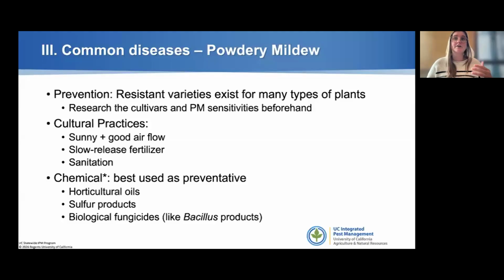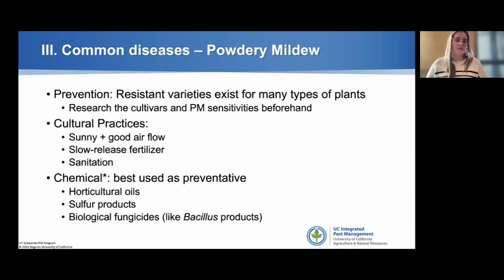Cultural practices: increasing the sun availability to not allow that powdery mildew to grow as well, and then increasing that airflow and minimizing how compact and grouped together the leaves are can help.